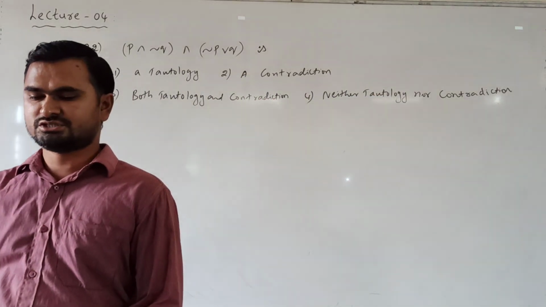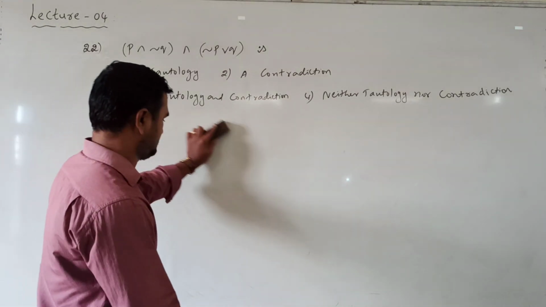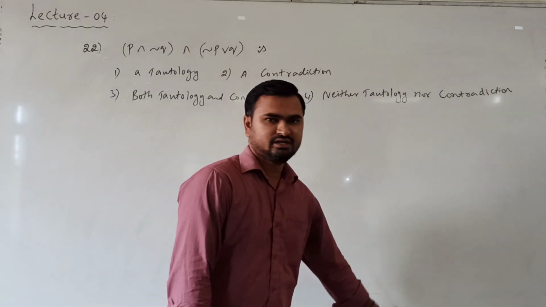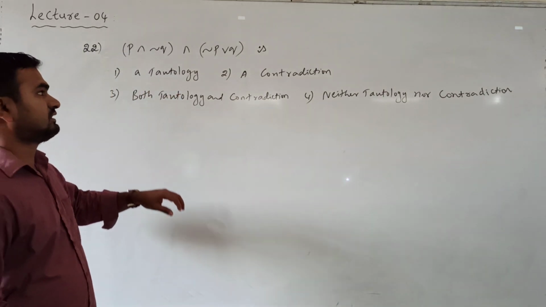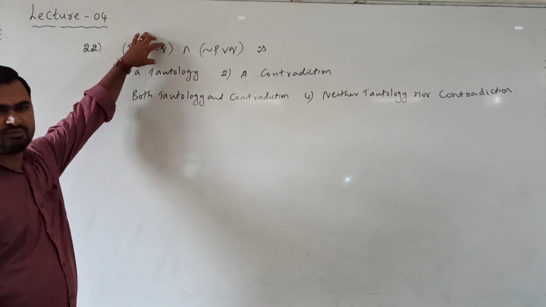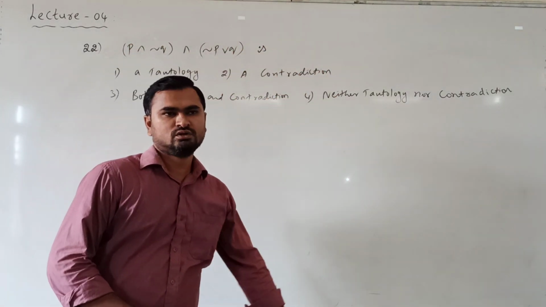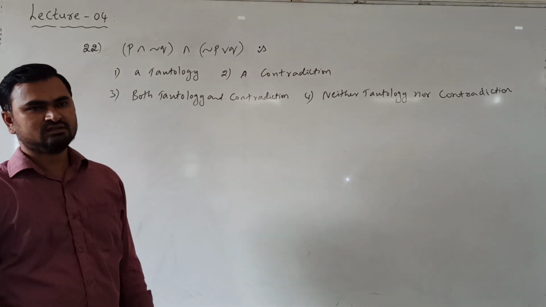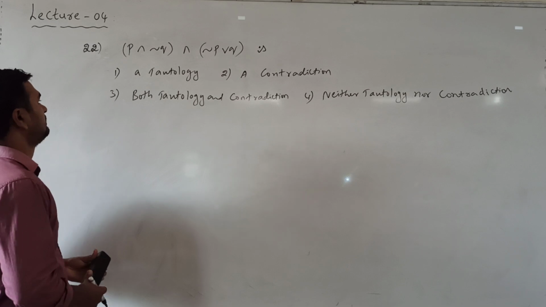Okay, this is the question. A compound proposition is given. Now we have to find which type of statement it is. The options are given in terms of tautology and contradiction. So we will write a truth table for this compound proposition and see whether all the values are true, all are false, or some true and some false.